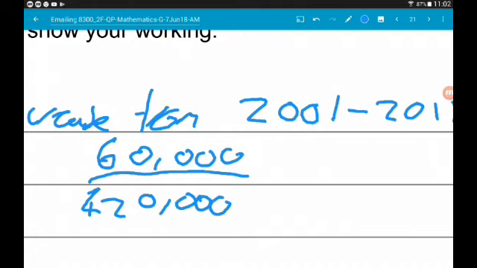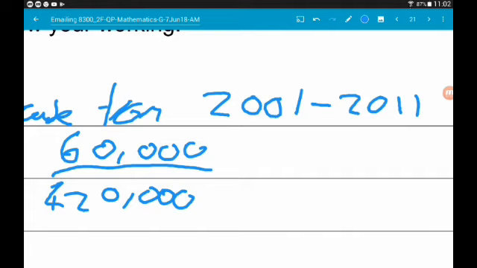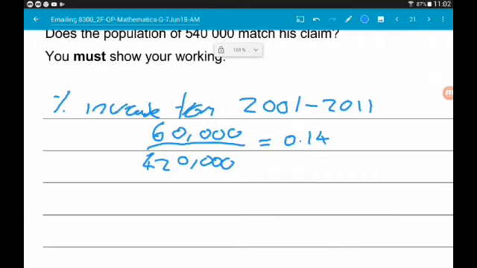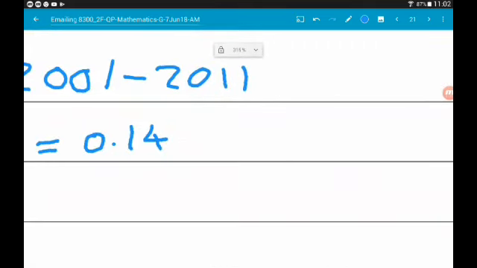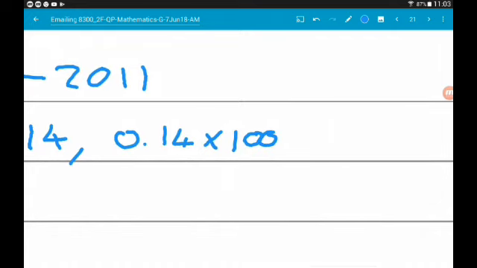And that is roughly going to give us 0.14, rounded to 2 decimal places. So then 0.14 times 100 is 14%. So from 2001 to 2011, there was a 14% population increase.